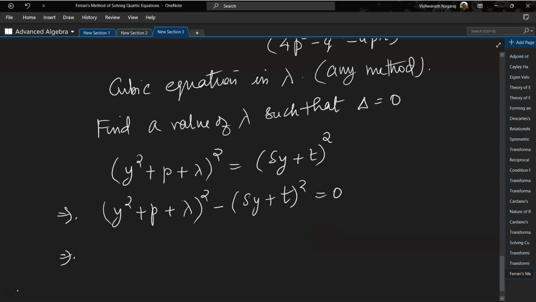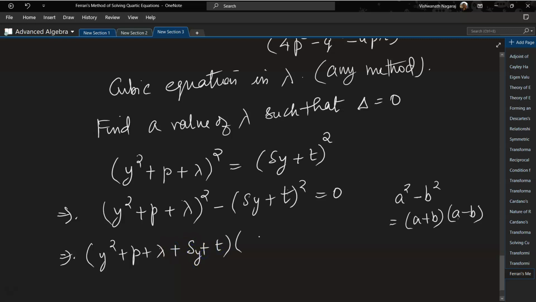Now, once we have this perfect square, what we can do is bring it to the other side. So y square plus p plus lambda square minus sy plus t square equal to 0. So this is like your a square minus b square. So this can be written as a plus b, a minus b. So which means we can write it as y square plus p plus lambda plus sy plus t, and we can write it as y square plus p plus lambda minus sy minus t equal to 0.